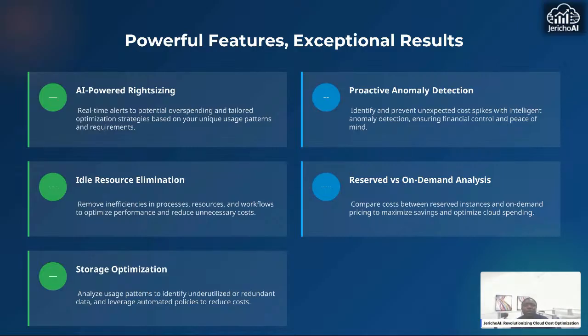And then it also helps to provide proactive anomaly detection. That is, it helps to identify and prevent unexpected cost spikes. You just wake up and AWS sends you one big bill, or Google or GCP sends you, by the way, in your mind you want to pay 2,500 per month, but they are sending you 10,000.